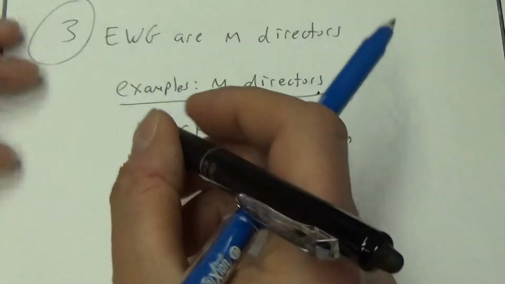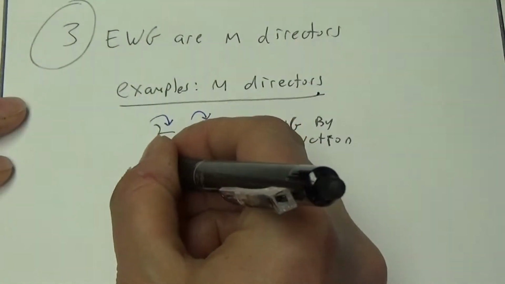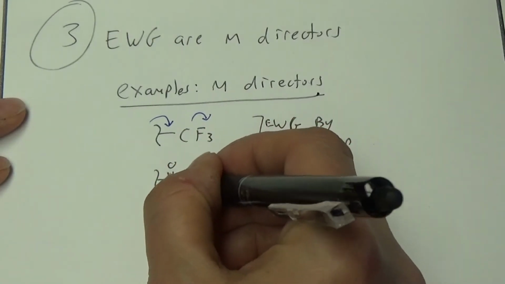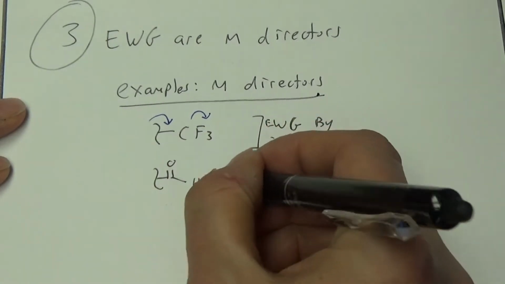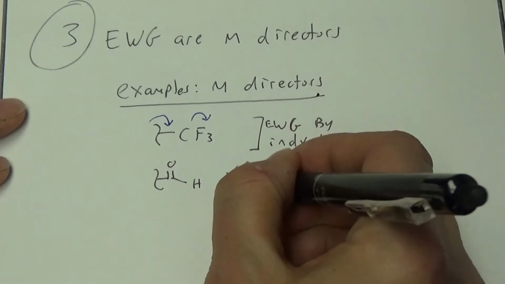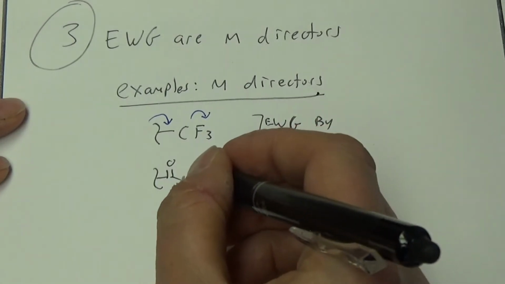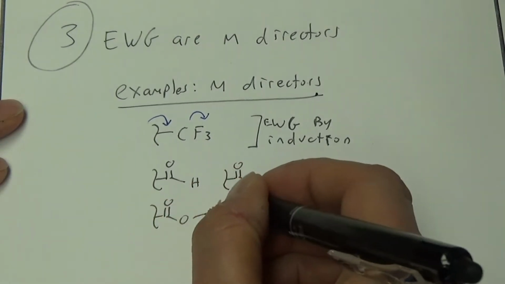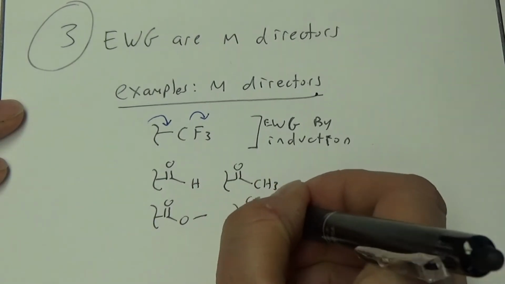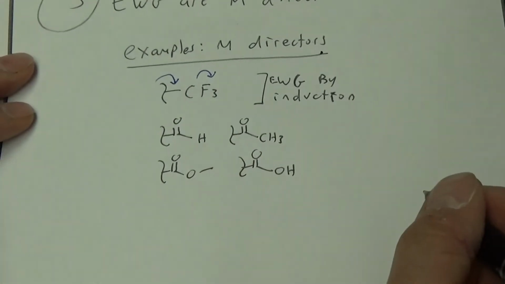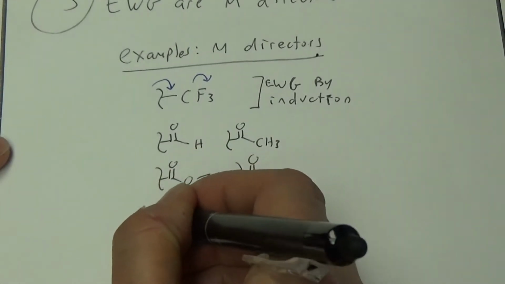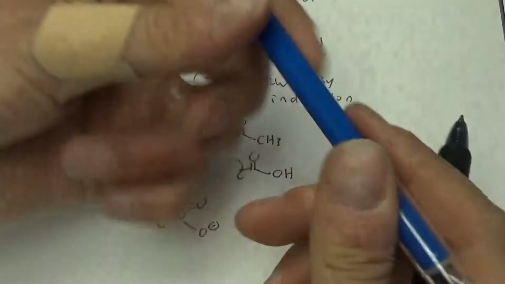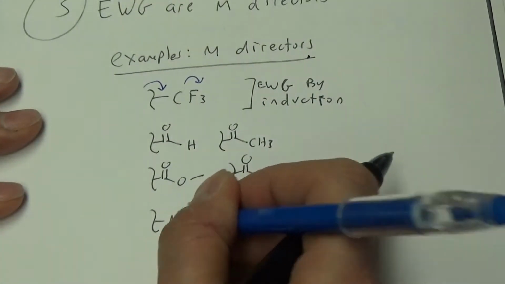So then the other ones are a little different, but they're all like C double bond O, for example, aldehydes and ketones, ester, carboxylic acid, nitro, right?